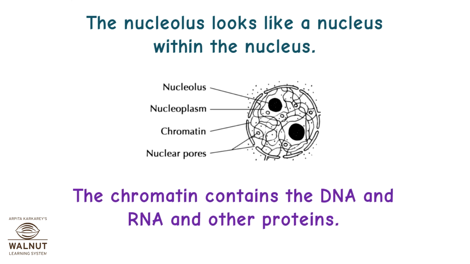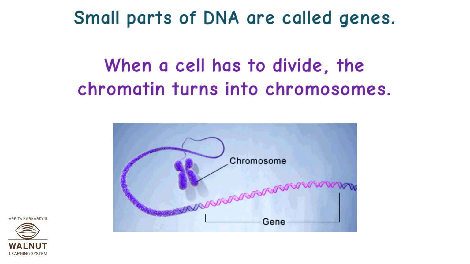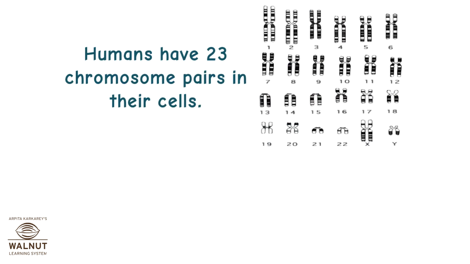The chromatin contains the DNA and RNA and other proteins. Small parts of DNA are called genes. When a cell has to divide, the chromatin turns into chromosomes. Humans have 23 chromosome pairs in their cells.